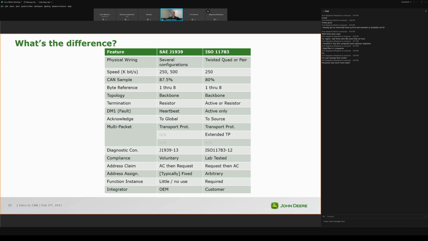So there are some fixed addresses like engine, transmission, but we also use the ISO standard more to support the displays, or to display certain things, which is supported primarily within the ISO.